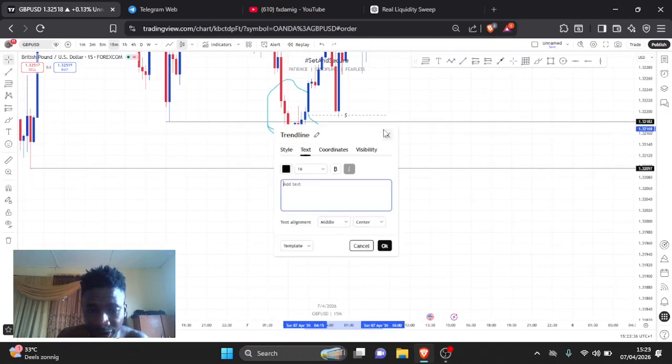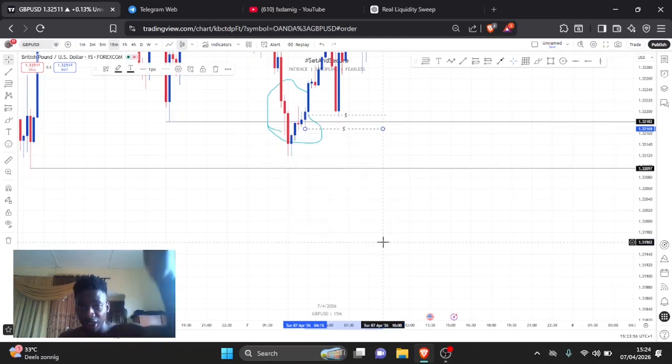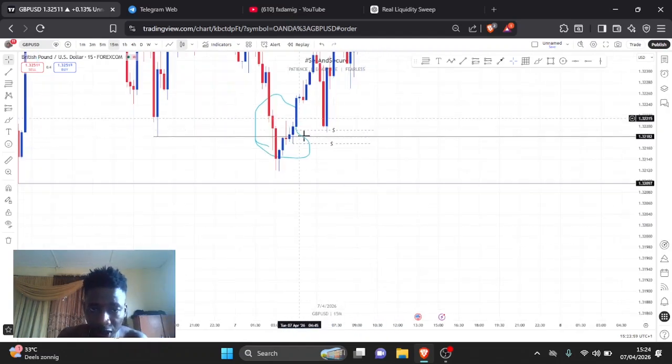Remember, it was a bearish liquidity sweep. Then we are taking it to the upside. So we're looking for a bearish liquidity sweep on 15 minutes towards that same direction. Now, we've marked out various liquidity points, which are the bullish candles.